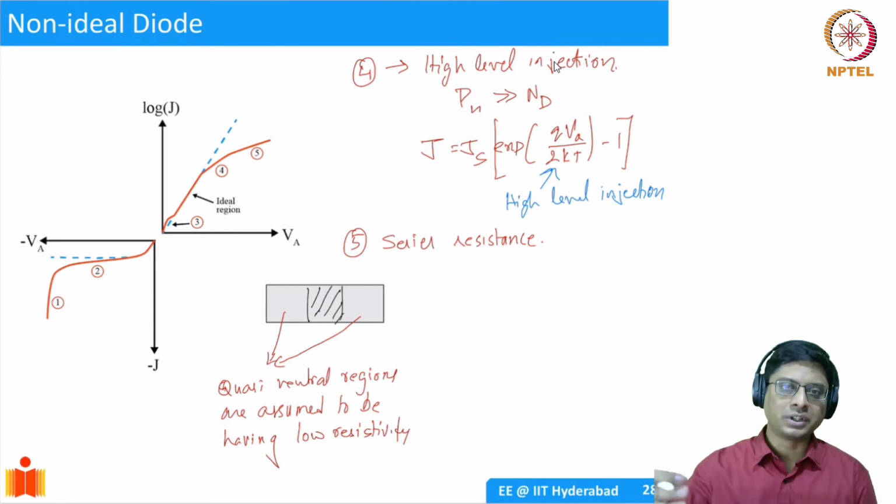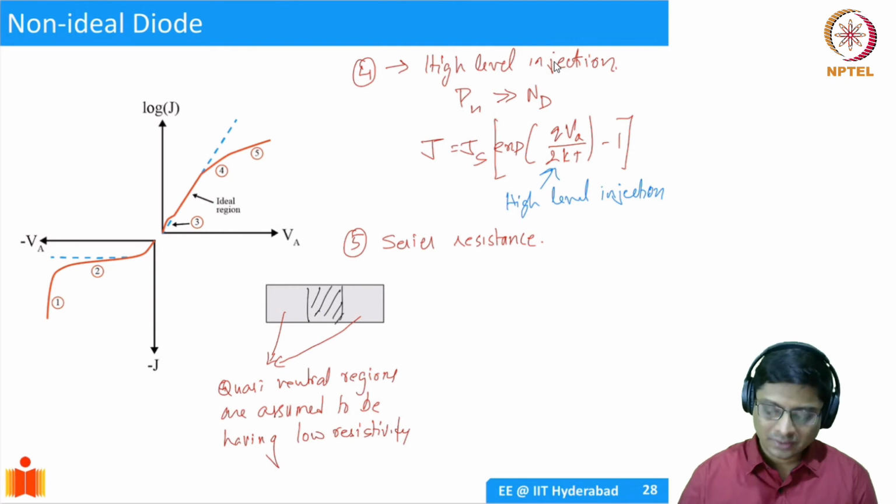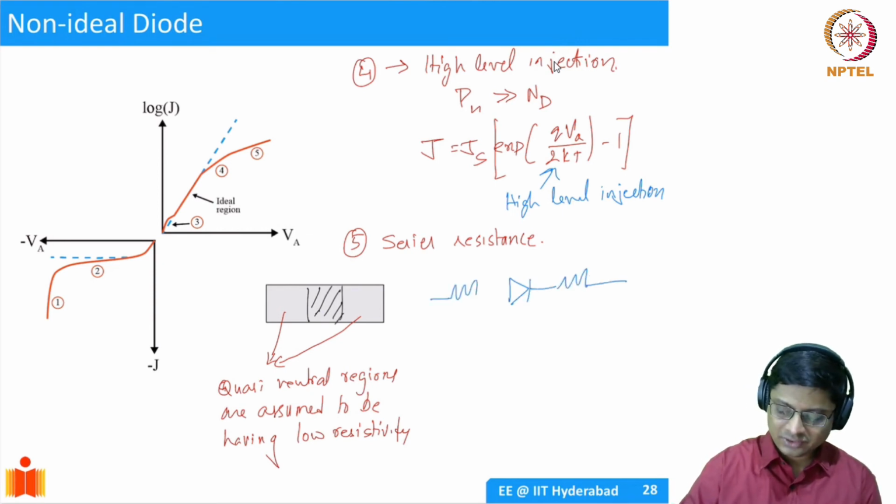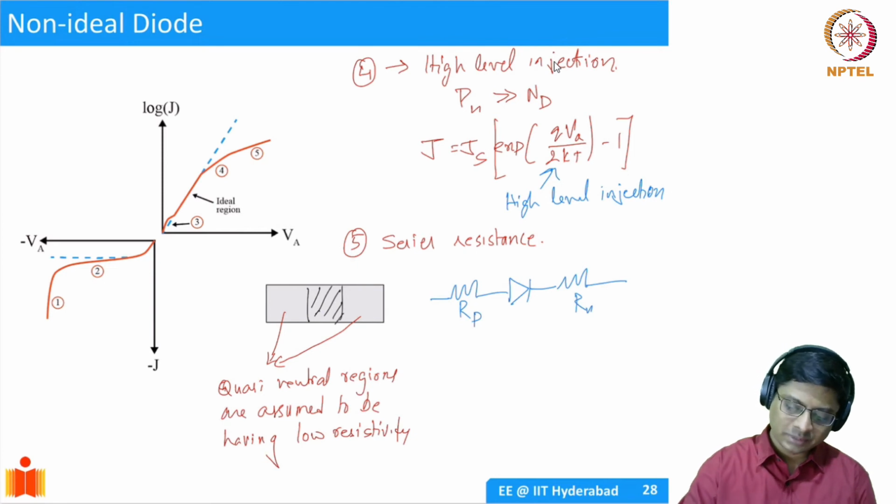But the moment you go to very high currents, as you go to high voltages, you're getting into high currents. When you have high currents, effectively the diode turns out to be, in addition to this simple diode, we have an additional series resistance. So this is going to be Rp and this is going to be Rn. Okay, so this is my equivalent circuit of the diode.